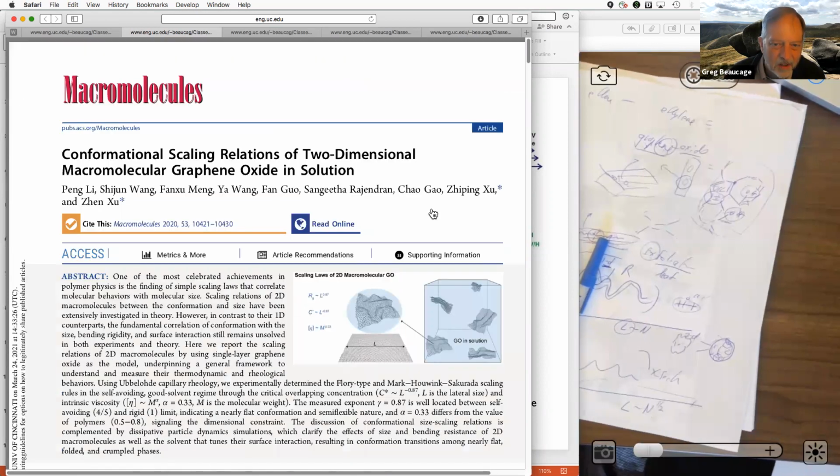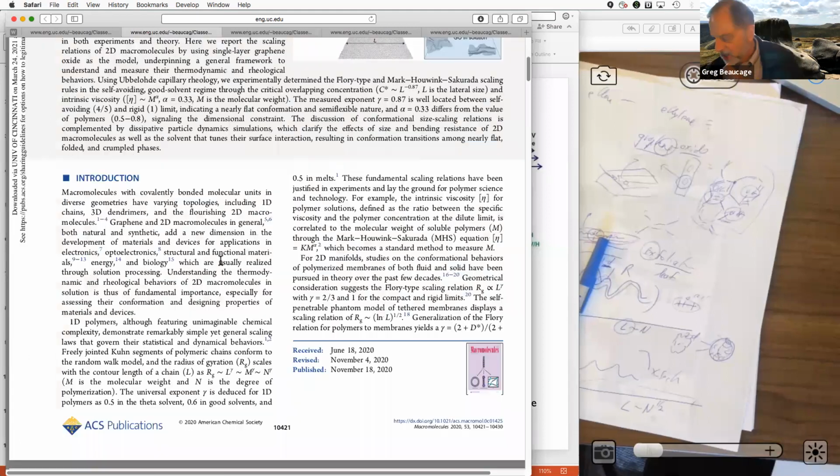They figured out that you could do intrinsic viscosity with this, right? So what are you going to do with intrinsic viscosity?